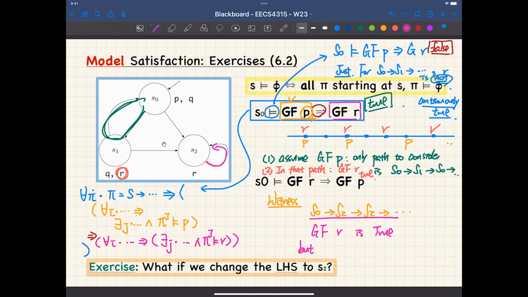But the consequent, GFP, is false, because once you get to S2, only R will be true. Okay, so that means you got true implies false, which is false. So the answer for this one here should be false. All right, we just did a little case study on the nesting.